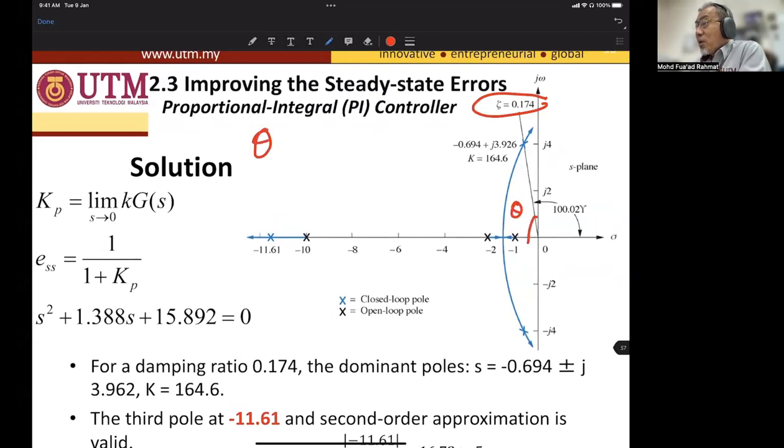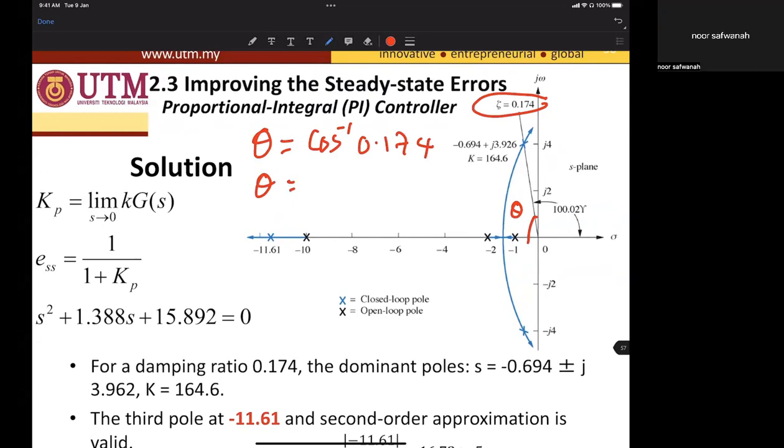Safwana, what is the angle of the zeta line? Hello, Safwana. Yes, Doctor. Angle. Easy.